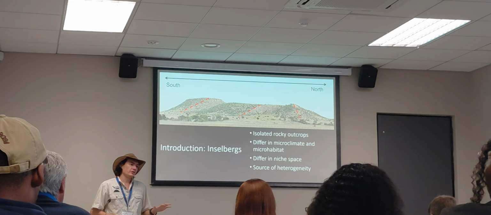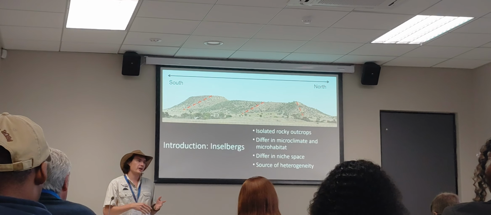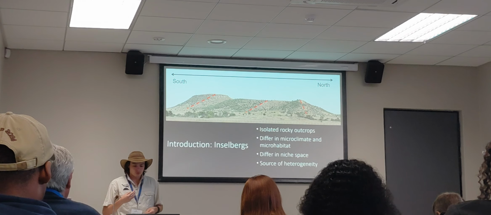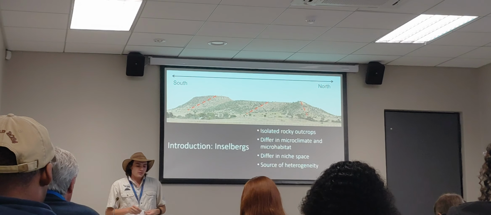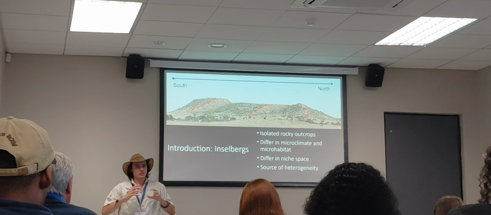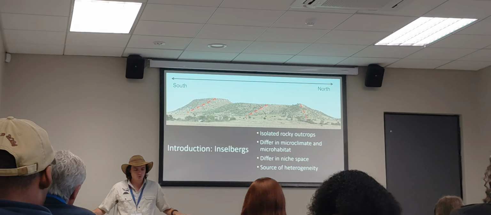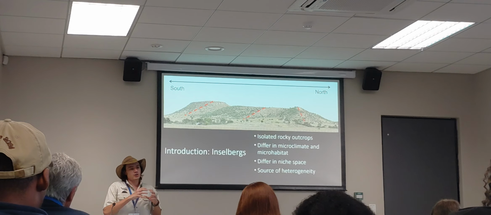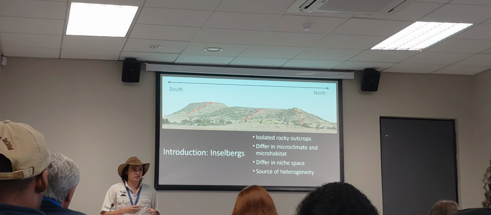So you have the geological definition, which is isolated rocky outcrops, which are usually formed out of granite, or in South Africa it's dolerite. However, there's a biological definition as well. As these inselbergs erode, the soil can move downwards and down the slopes, and the inselberg and the rocky outcrop can influence the vegetation around it, due to water flow and the lithology of the soil.